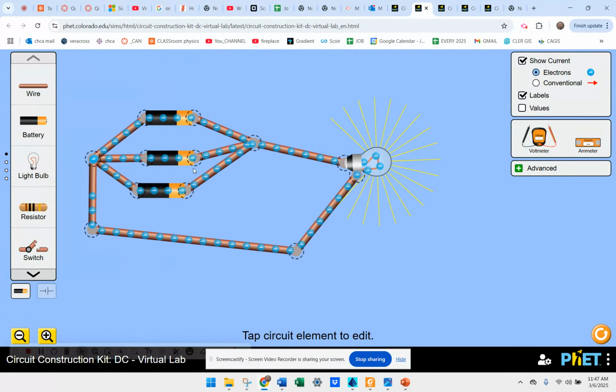Likewise, if we connected batteries in parallel, you'll notice that the electrons in this case are going again from negative around through to positive. And in this case, these three batteries are all in parallel. So if every one of them was 1.5 volts, the total voltage from here across to here would be 1.5 volts.